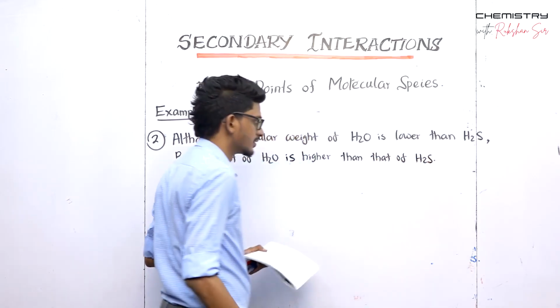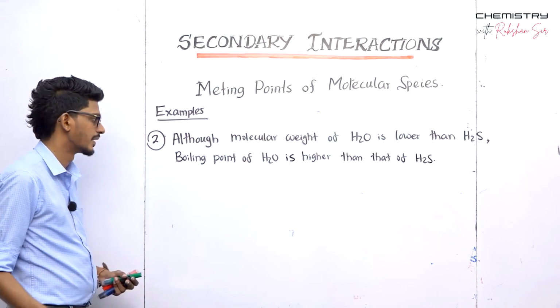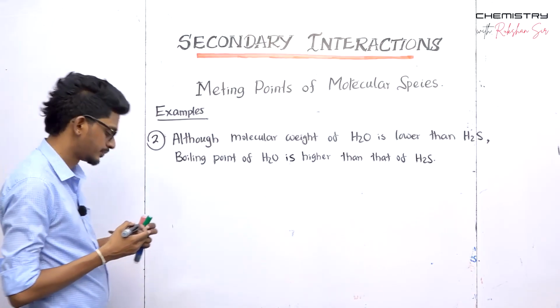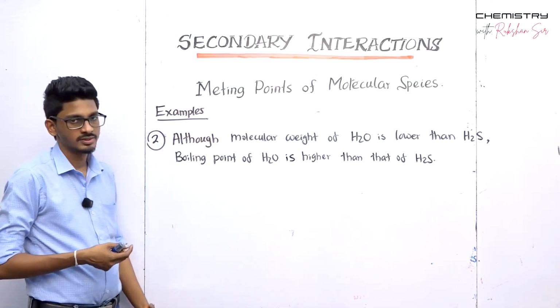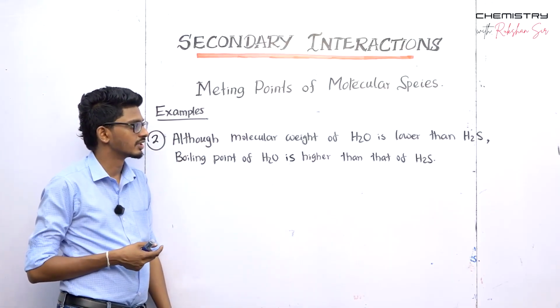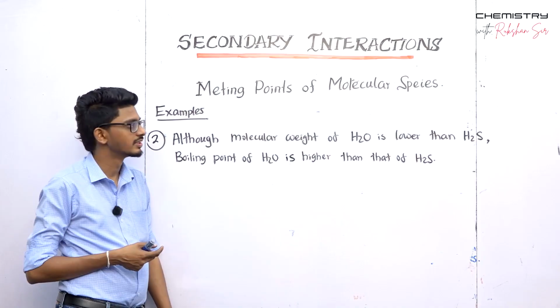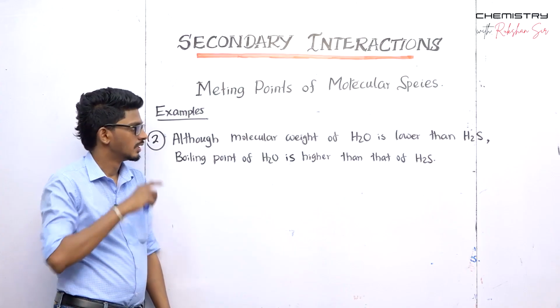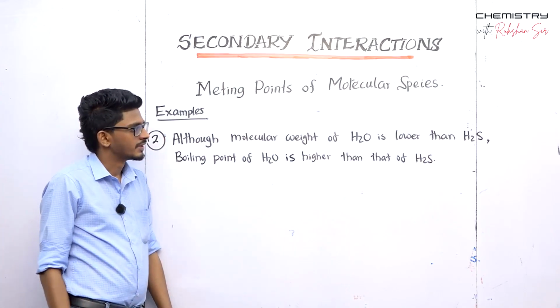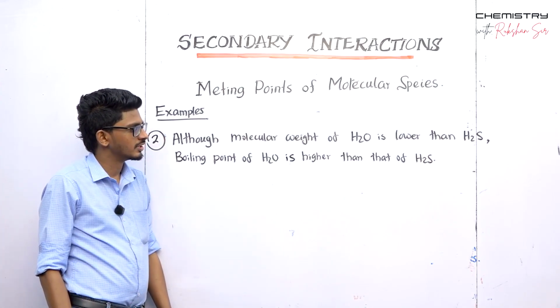This kind of practical observation, let's try to explain this one with the use of the knowledge we gathered these two days. Right? So what can we say? They are clearly saying that the molecular weight of H2O is lower than H2S, but the boiling point is greater in H2O. That is the idea.